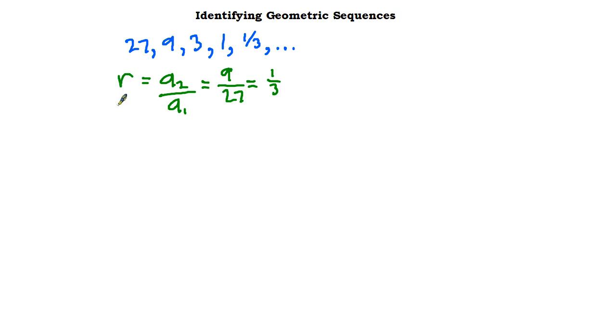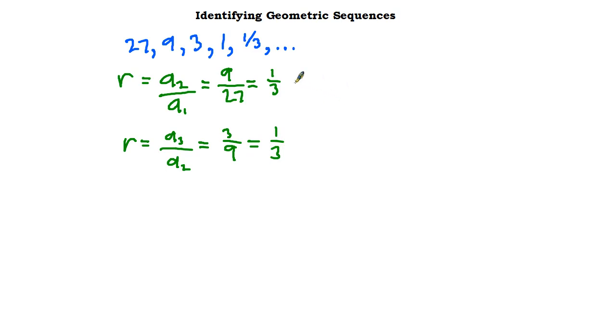The only thing is we don't know whether that's a common ratio until we check other terms. So we'll go ahead and check. What about a sub 3, the third term, divided by a sub 2? It will always be a particular term divided by the previous term. So in this case, we could try 3 divided by 9, and sure enough, you get 1/3.